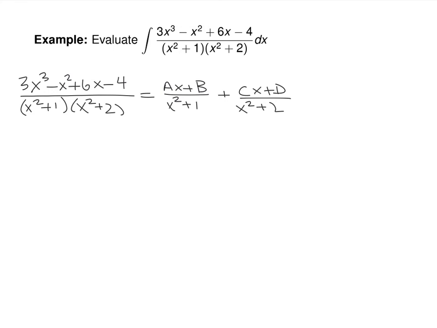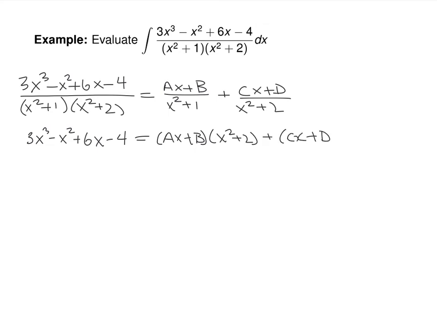And multiplying it out so the denominators go away, we'll have 3x cubed minus x squared plus 6x minus 4 equals ax plus b, that thing multiplied by the x squared plus 2, and the cx plus d multiplied by the x squared plus 1.